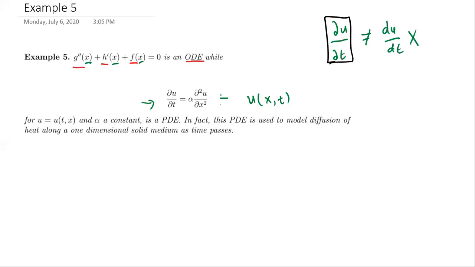Again, we won't be able to do partial differential equations because we don't know the theory yet, but we will be fine working with ordinary differential equations. Again, that's the first way we're going to be identifying differences between differential equations.